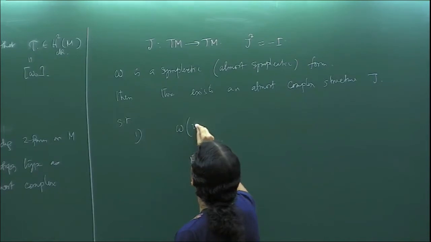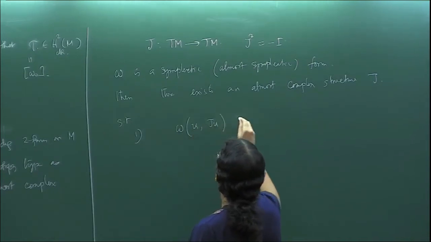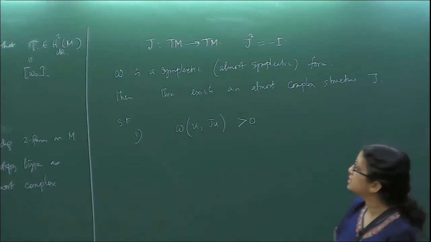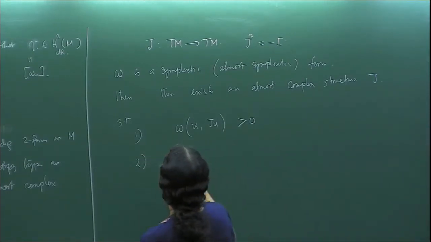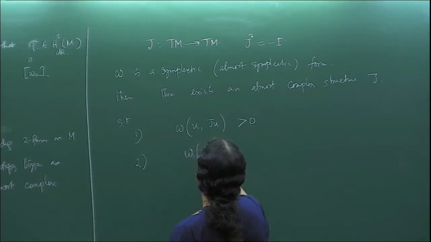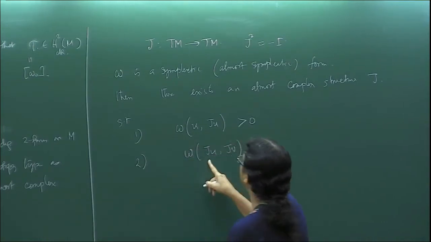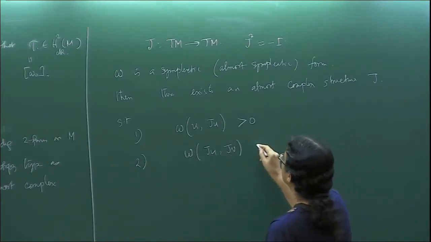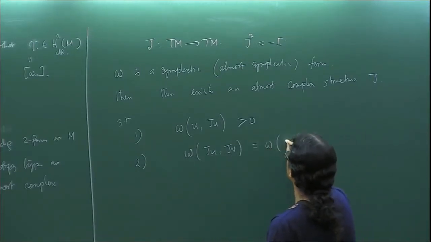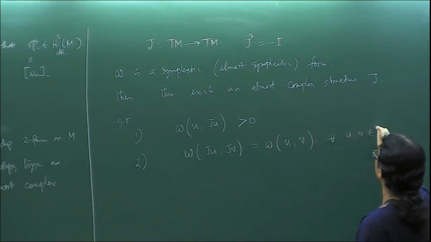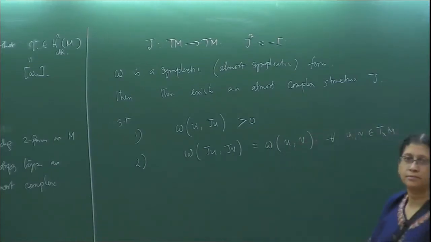First one is omega(u, Ju) is positive, and the second one says that omega is J invariant. So if you pull back omega by this automorphism J, then this is preserved. Okay. So these are the two properties.